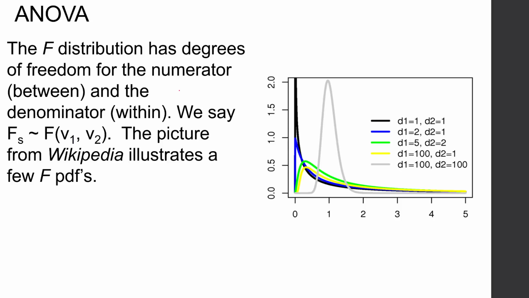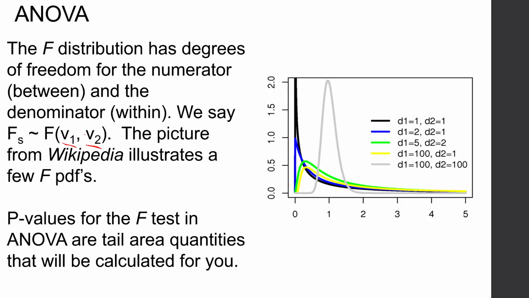So the F distribution has degrees of freedom for the numerator, between, and the denominator, within. We say that F is distributed as an F with nu1 and nu2 degrees of freedom. The picture on the right is from Wikipedia, and it illustrates a couple of F PDFs. The p-values for the F test in the ANOVA are the tail area quantities that will be calculated for you using R.